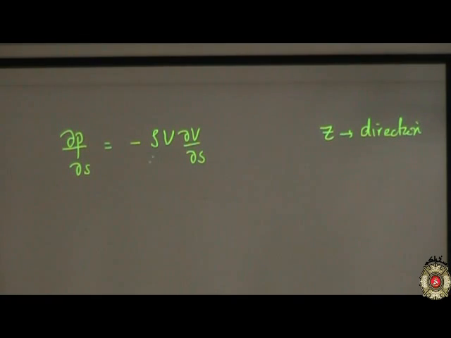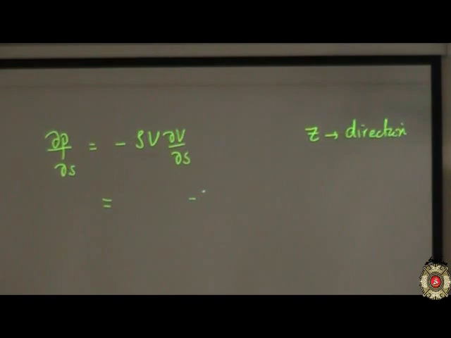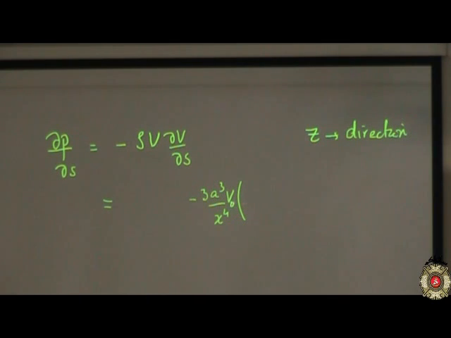What do we get? Now this term becomes what? We said this is minus, what was that? So we have a V naught here, and this V is already given, which is what?